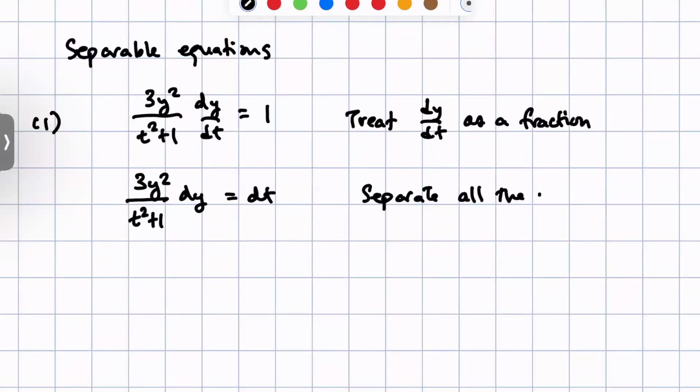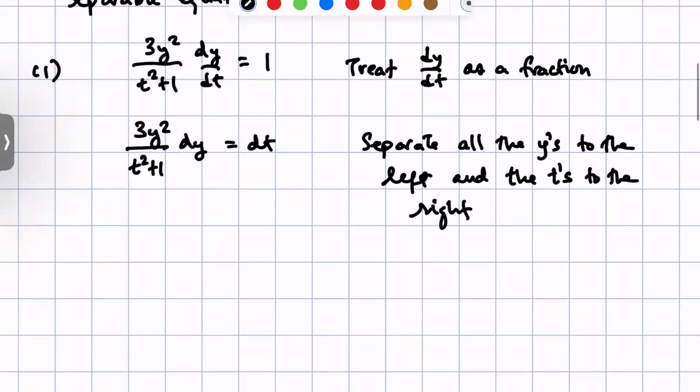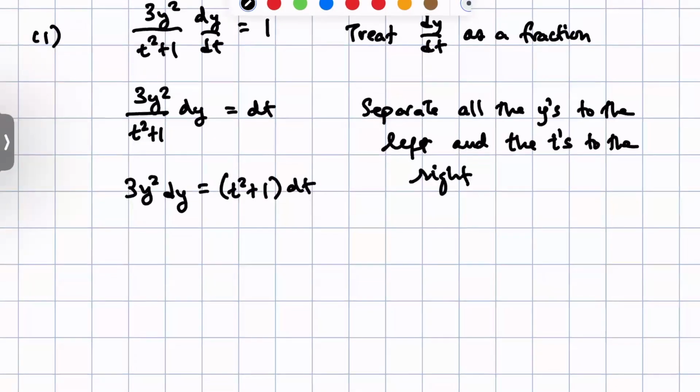all the y's to the left and the t's to the right. And so I can get 3y squared dy equals t squared plus 1 dt. Now we have a dy on the left and a dt on the right.